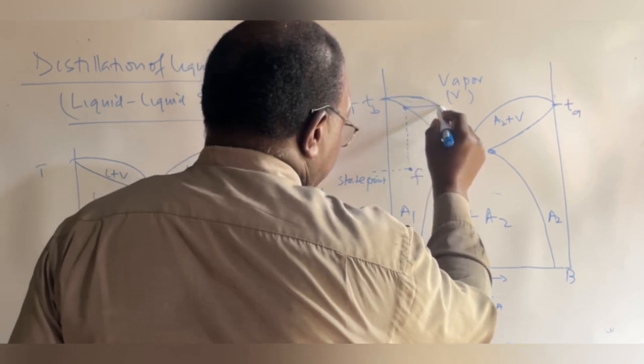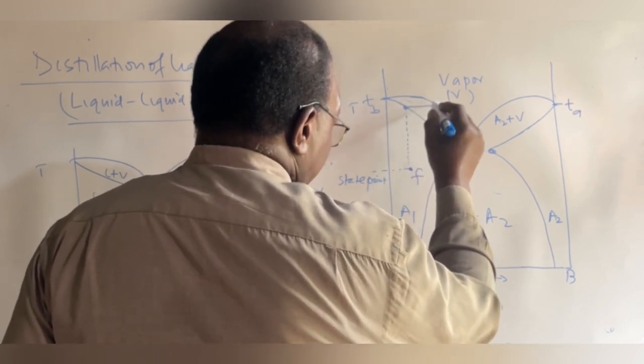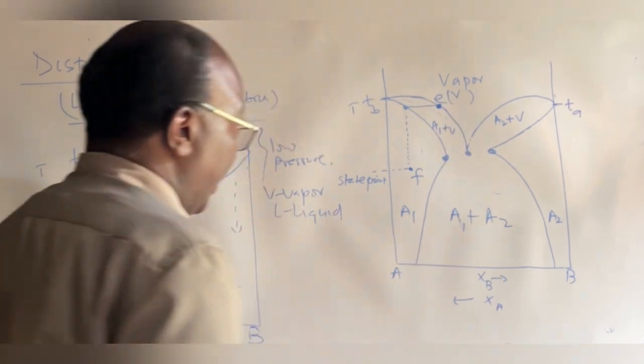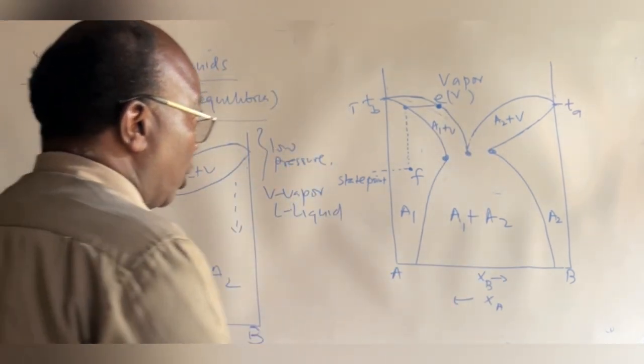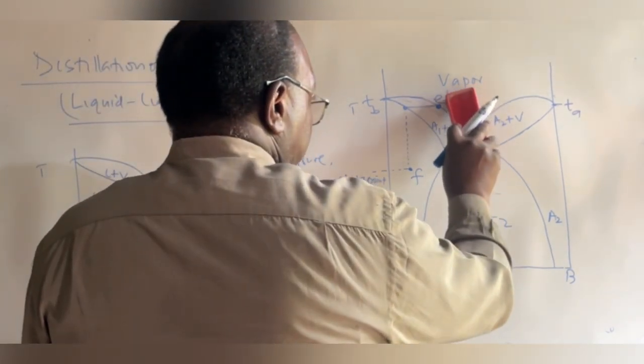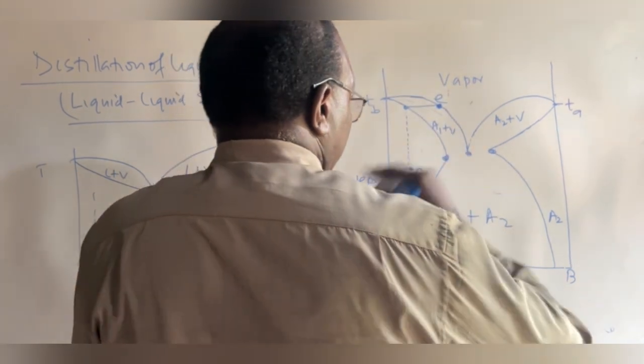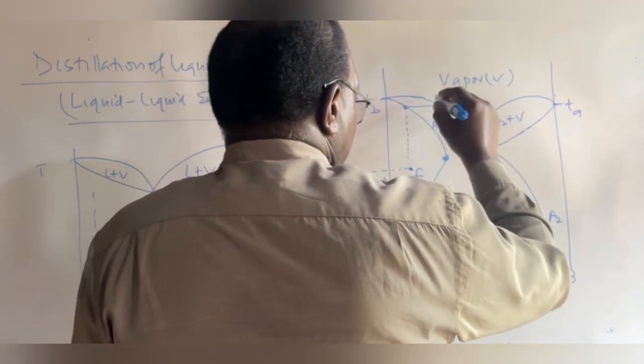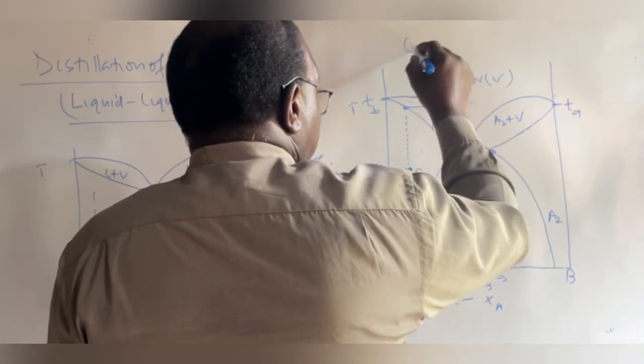That vapor forming at that point, and the composition of that vapor will be given by E. E is the composition of the vapor.